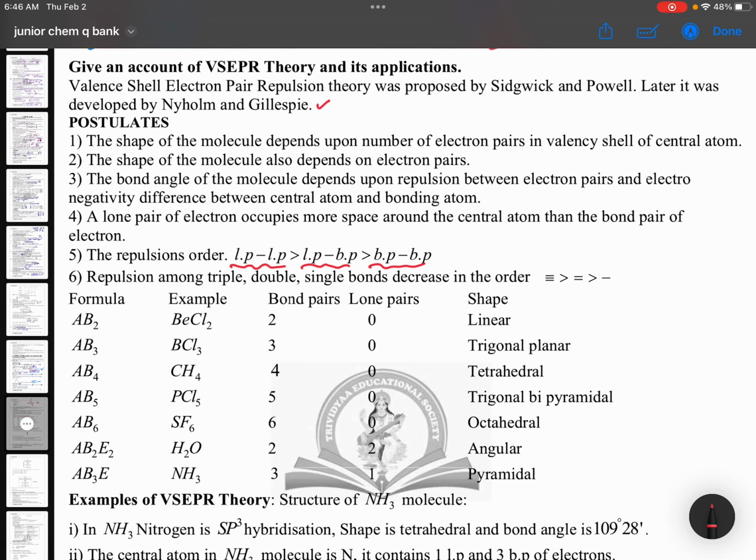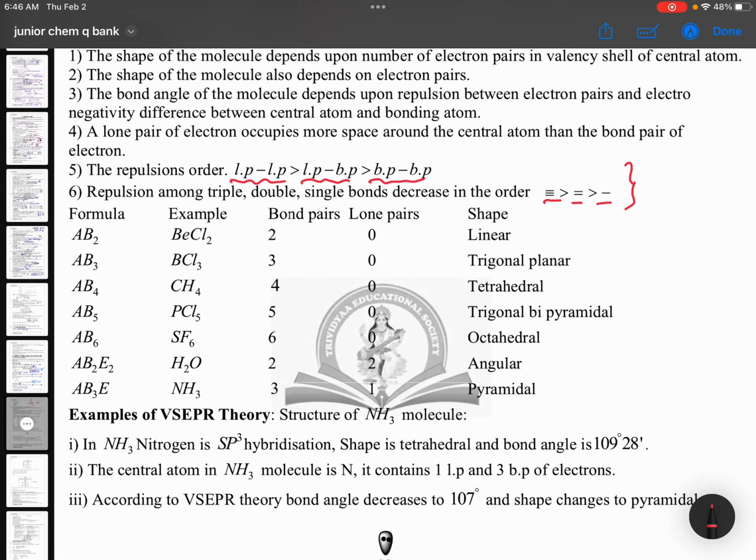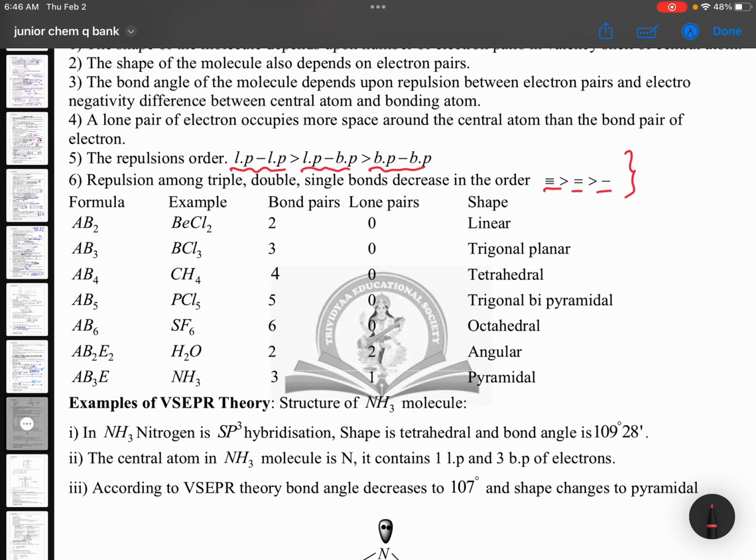Repulsions among triple, double, single bonds are in the order of triple greater than double than single. If you write these 2 points, you need to underline them. Simple. Shape of the molecule is decided by number of lone pairs, number of bond pairs, number of electron pairs.